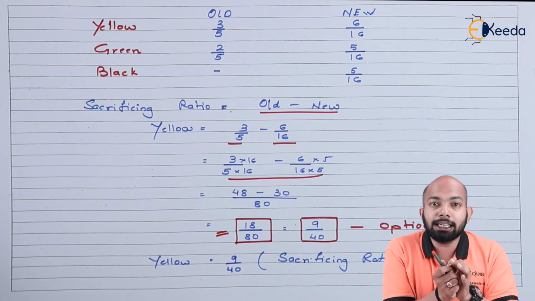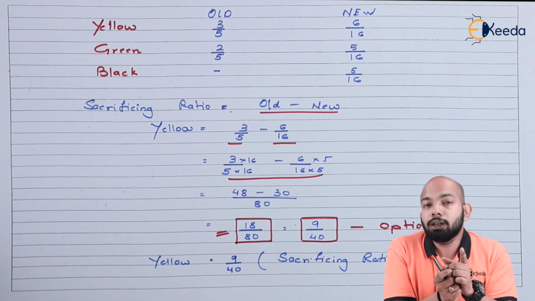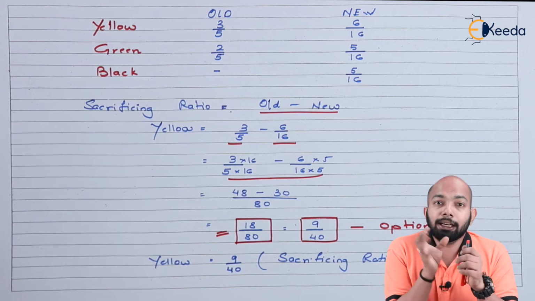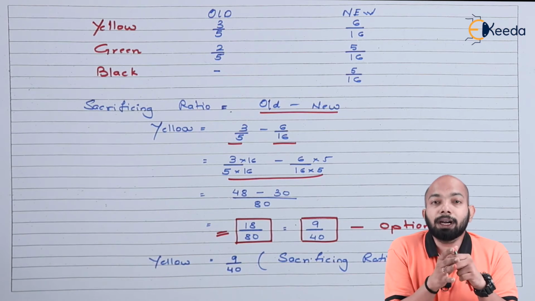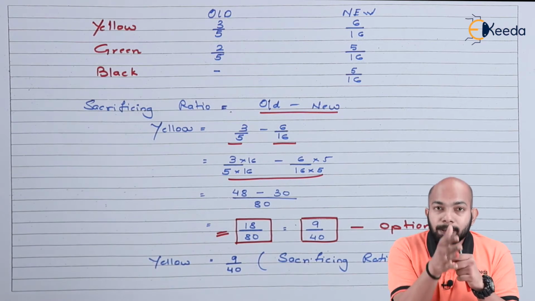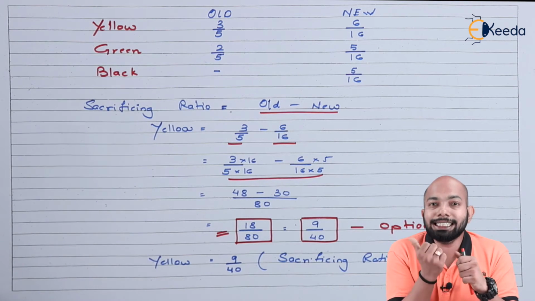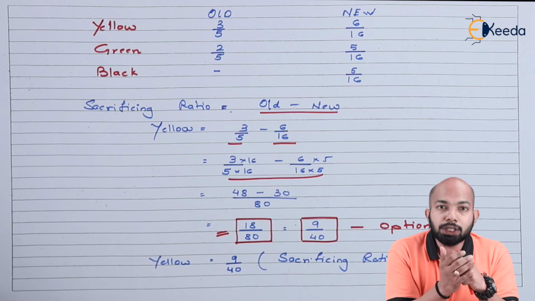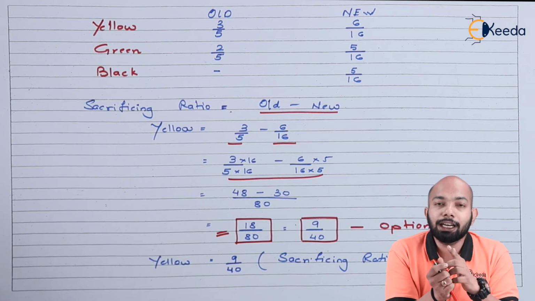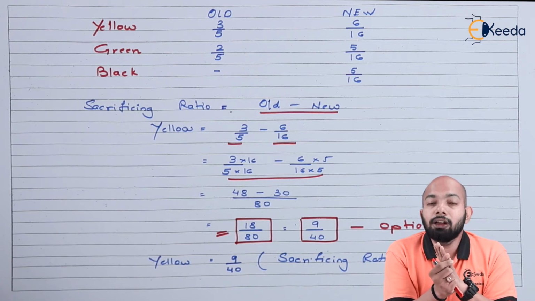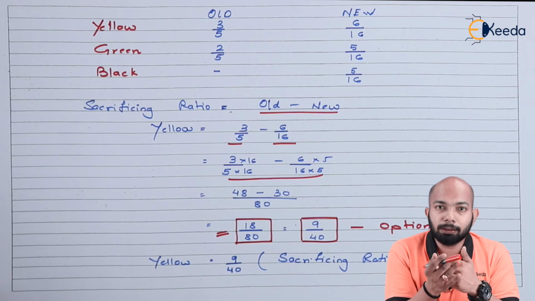Only if there is a negative sign, that means if you subtract the new ratio from the old ratio and the answer comes out negative, that is the gain that specific partner has earned. That partner needs to compensate the other partners who have lost out in such an admission of partners. That is something we'll discuss later on, but this is the reference we had to give you whenever a gain ratio is mentioned in the question or comes into your picture.